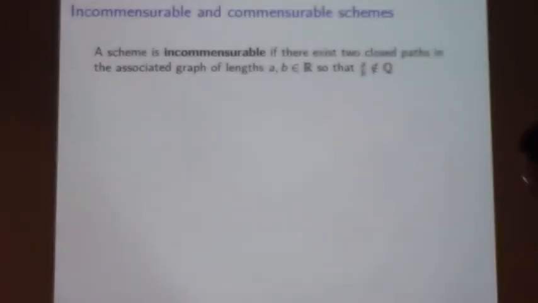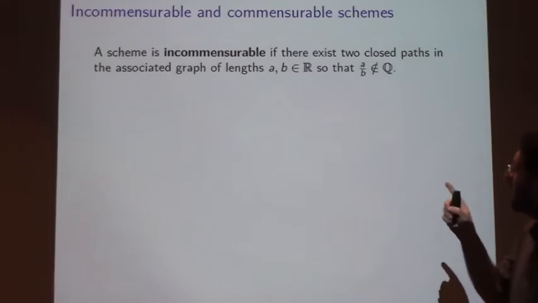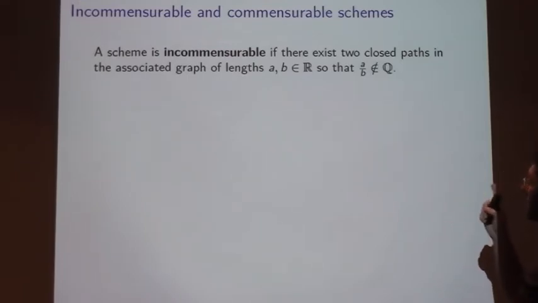Okay, there are 2 kinds of graphs. A graph can be incommensurable and a graph can be commensurable. A scheme is incommensurable if the graph has 2 closed orbits, 2 closed paths, maybe I could say, whose lengths are incommensurable. That is, the ratio of the lengths is not a rational number.